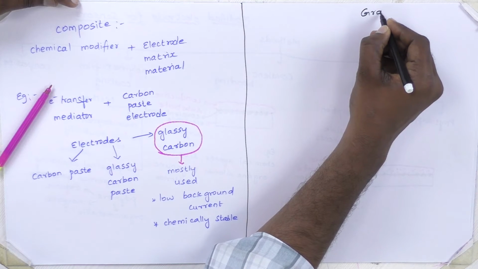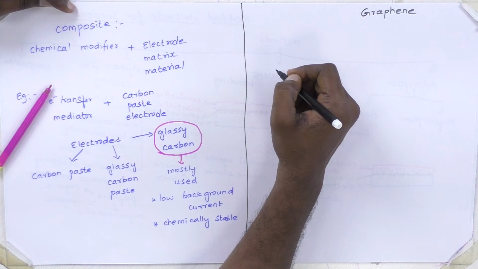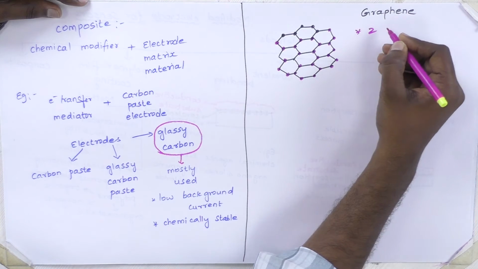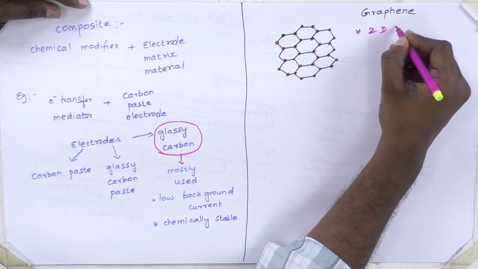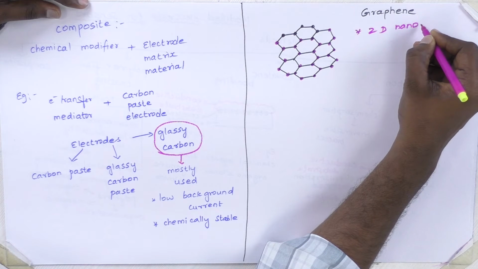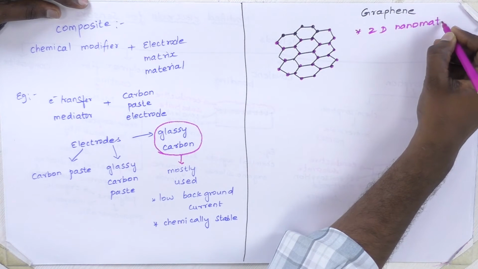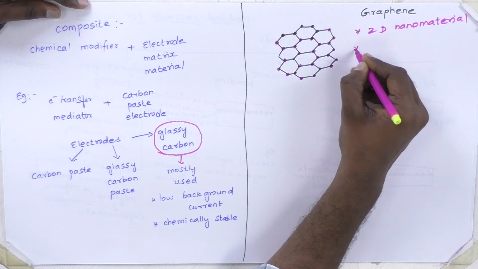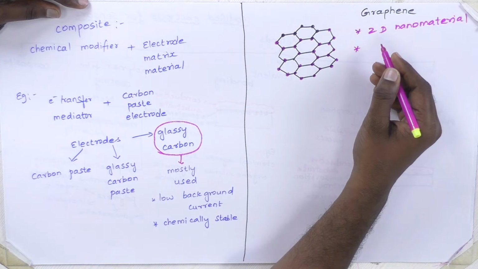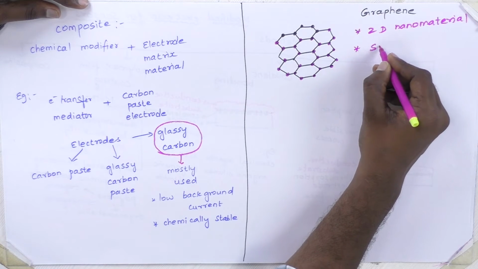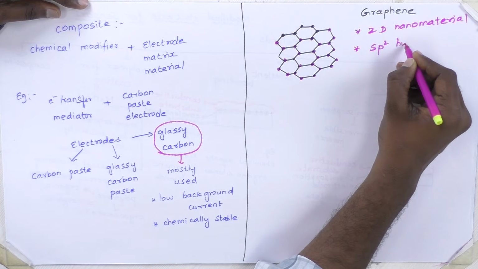Next one is polymers. Graphene. The structure of graphene is shown here. Graphene is a 2D nanomaterial, that is, a two-dimensional nanomaterial. The carbon atoms present in graphene undergo sp2 hybridization.